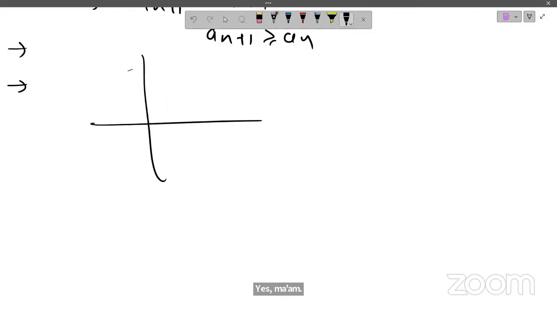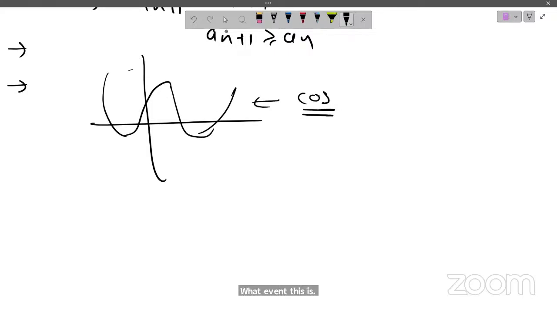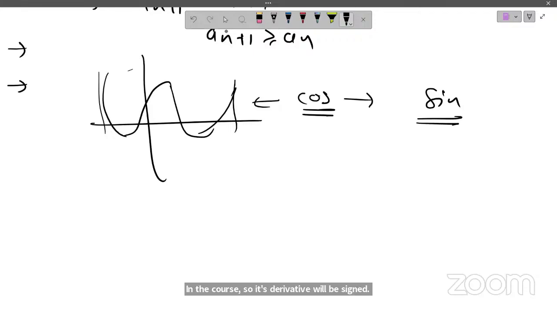Okay, so this is the graph of cos, right? So its derivative will be sine. And we have to find the value of sine, in which domain they have defined it.